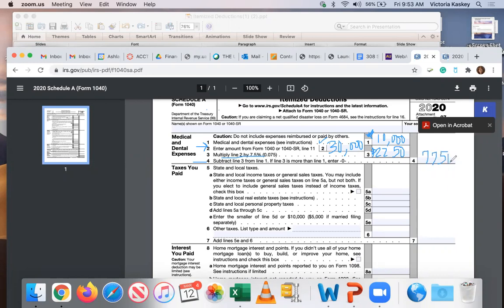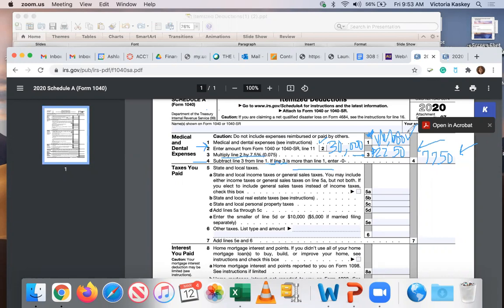So notice what happened here. Yes, we had 10,000 of medical and dental expenses, but that was limited by 7.5% of our AGI. So the amount that is going to go here is 7750. Notice also that if line 3, right here, our limitation, is more than line 1, you can't take anything.